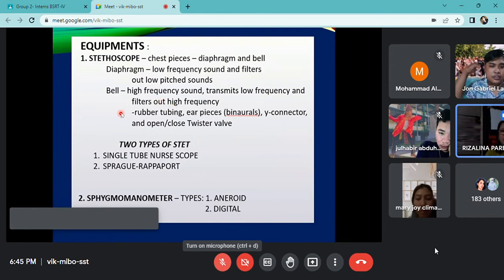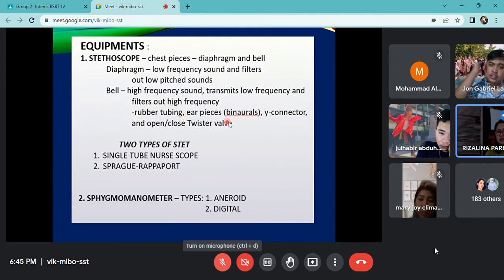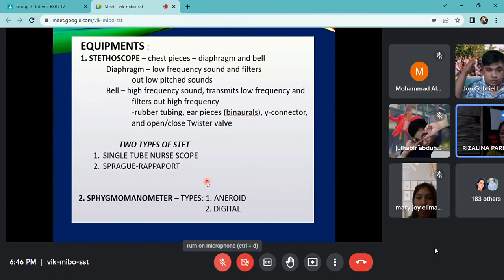Okay, so ano pa yung other parts niya? May rubber tubing, earpieces, binaural, Y connector, open close twister valve. Okay, so as RT, dapat familiar tayo with the use of our stethoscope. Meron tayong type, single tube Nerscope and the Sprague-Rappaport.